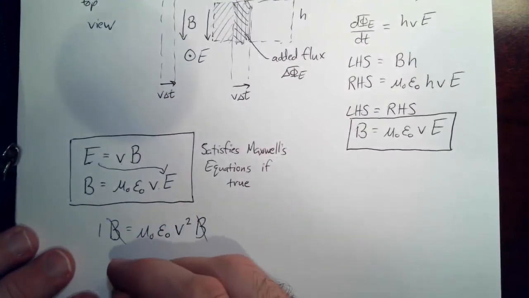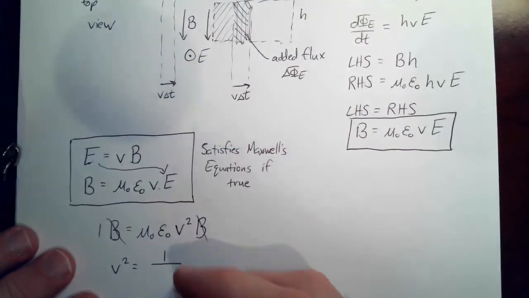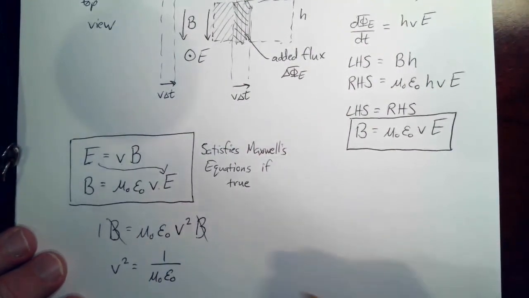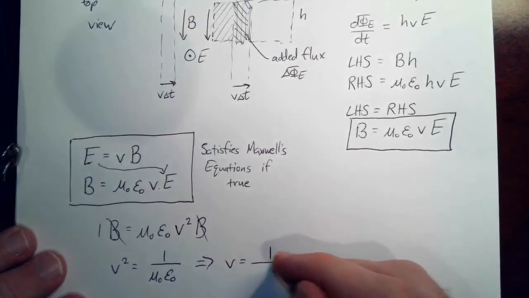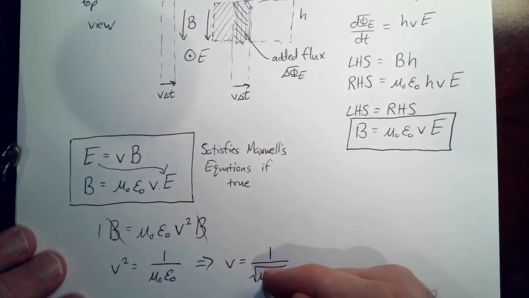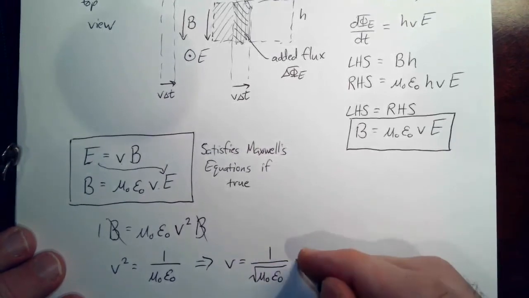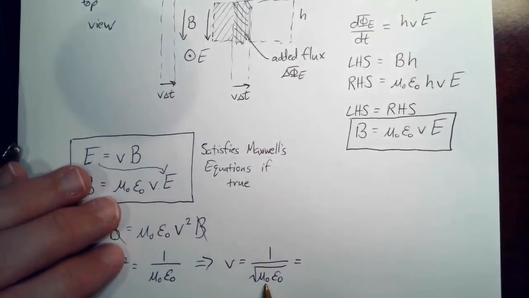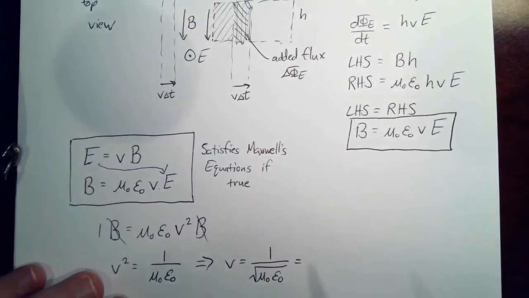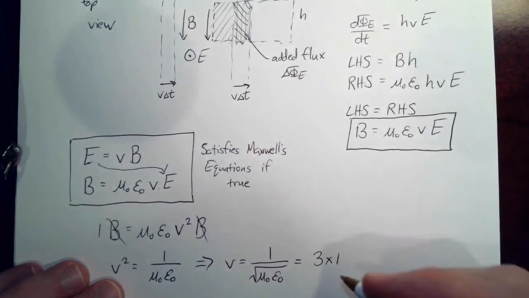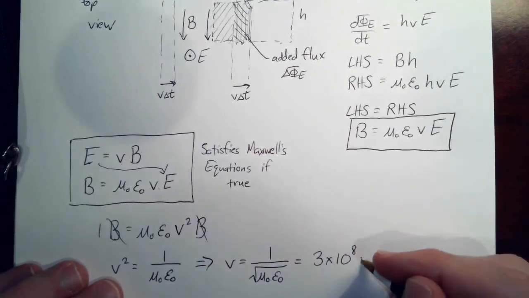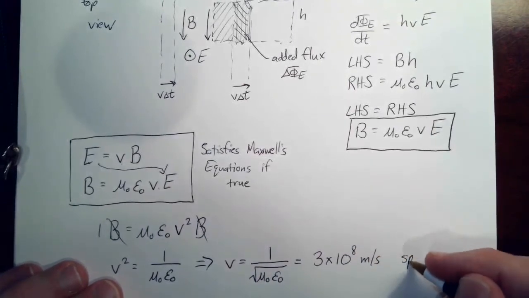And so V squared equals 1 over mu naught epsilon naught. And this implies that V is 1 over the square root of mu naught epsilon naught. And now if we plug in these numbers for mu naught and epsilon naught, what do we get? We get 3 times 10 to the 8th meters per second, which is the speed of light.